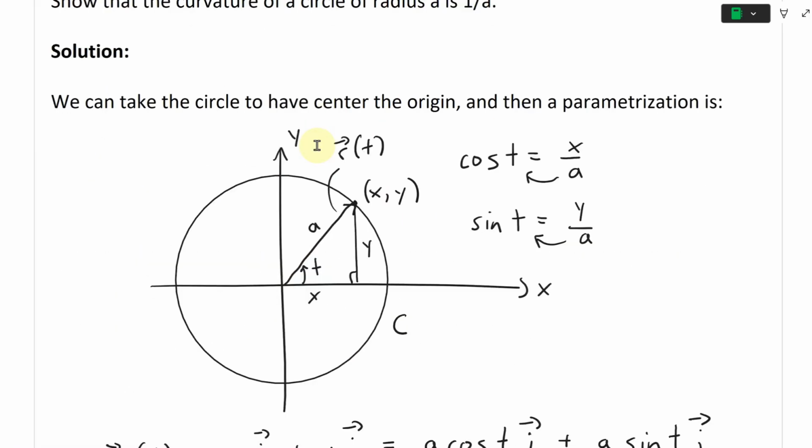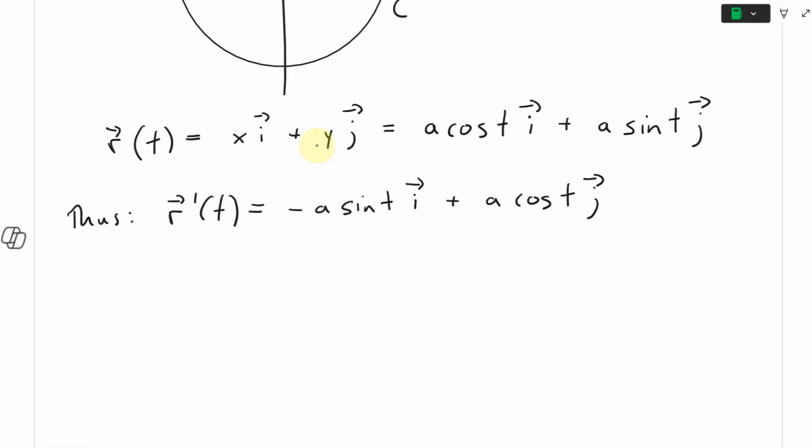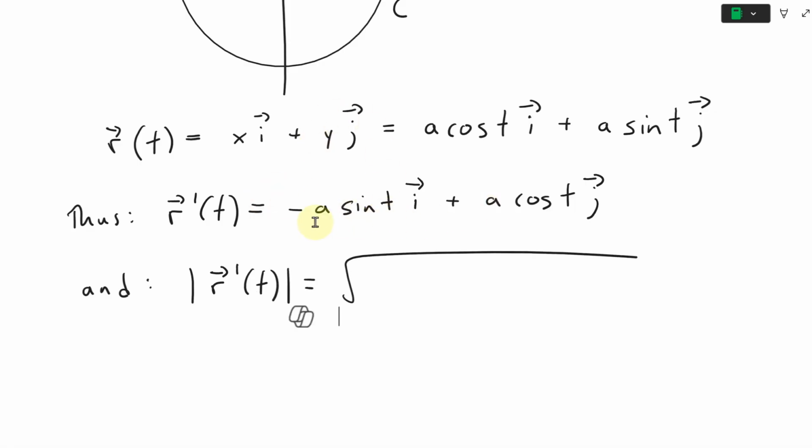So the magnitude, or the length of r prime of t, equals, using the square root and then the squares of the terms inside, the square root of negative a sine t squared plus a cosine t squared, like that.